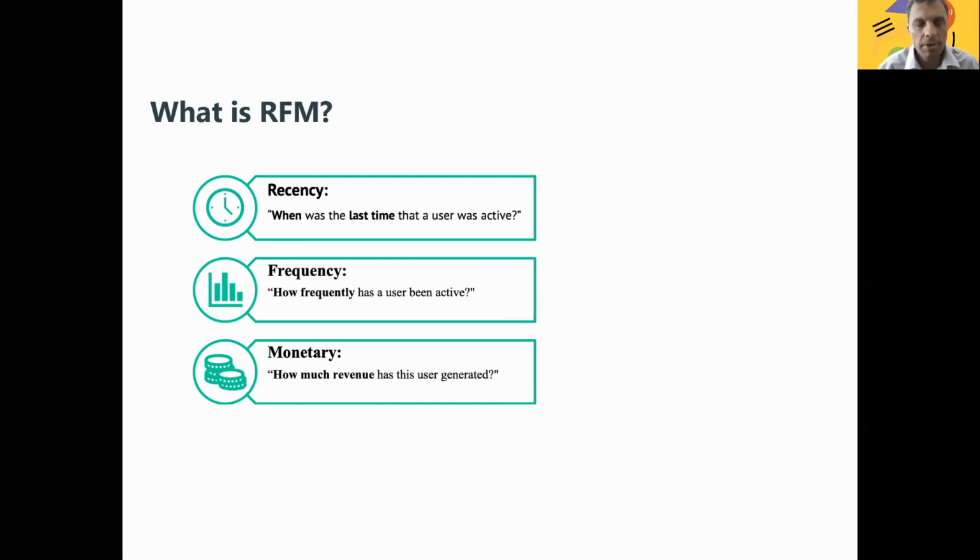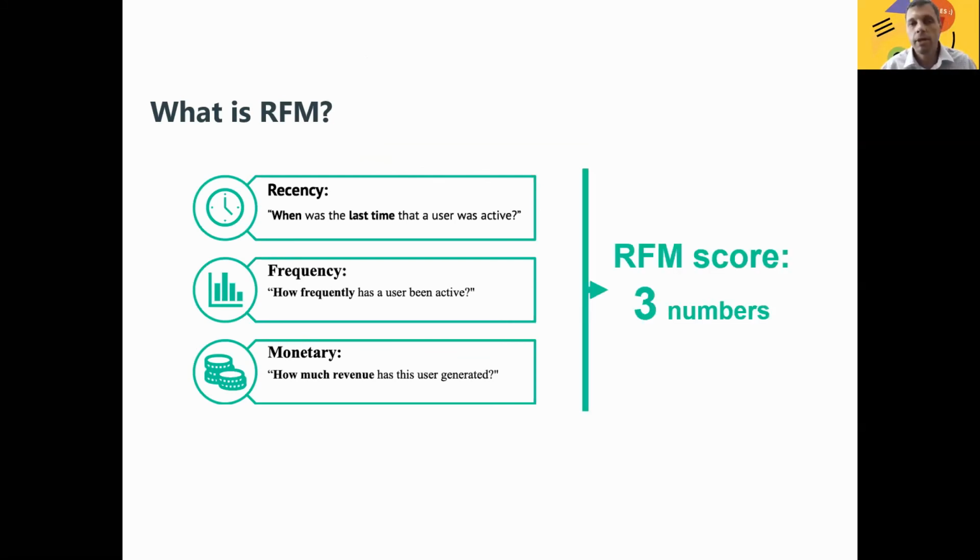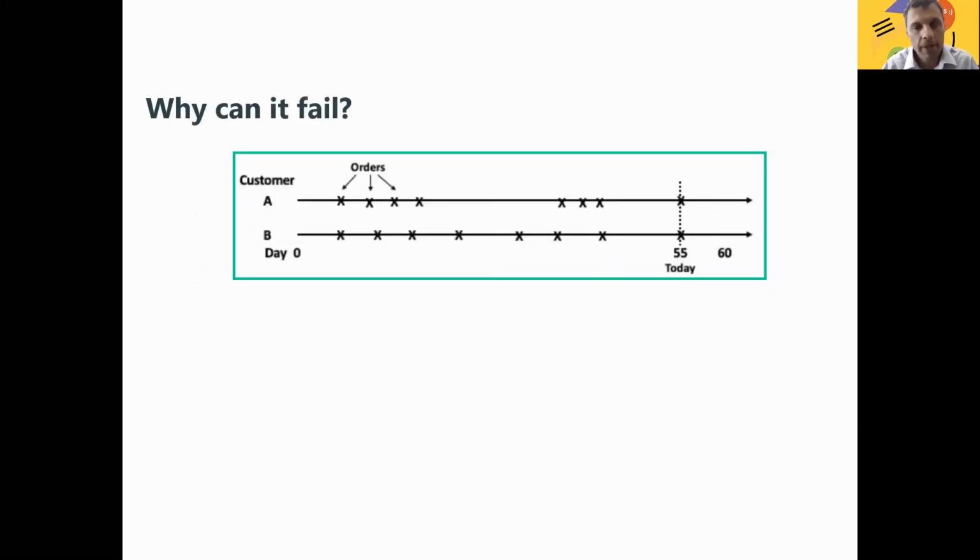The RFM concept estimates characteristics of recency, that is, when was the last time that user was active; frequency, how frequently a user has been active; and monetary, how much revenue this user has generated. So we assign 3 scores to each user, and then we can think about what the future behavior of a user would be.